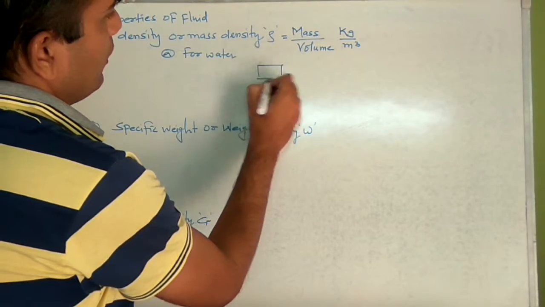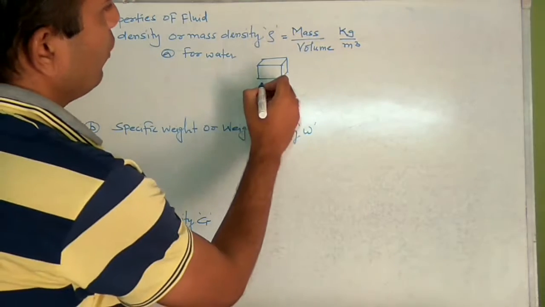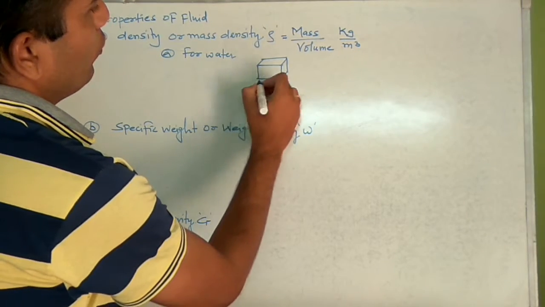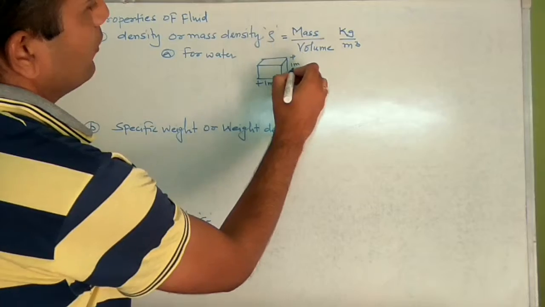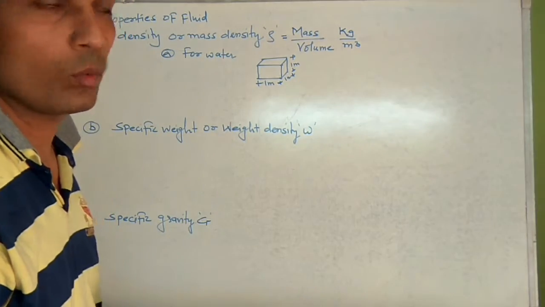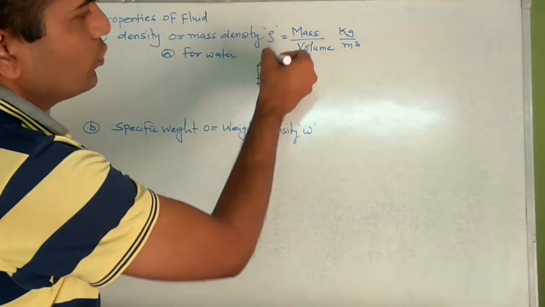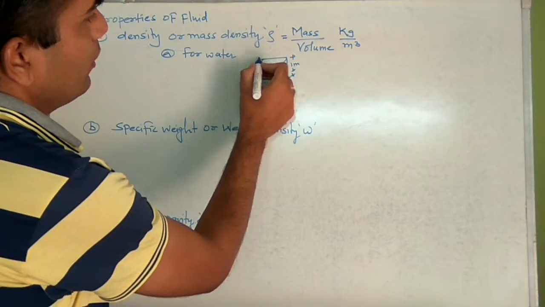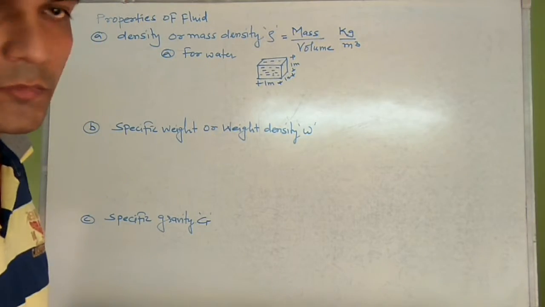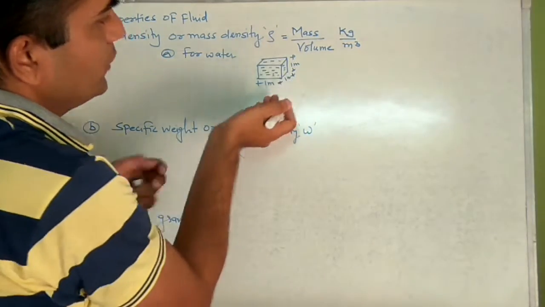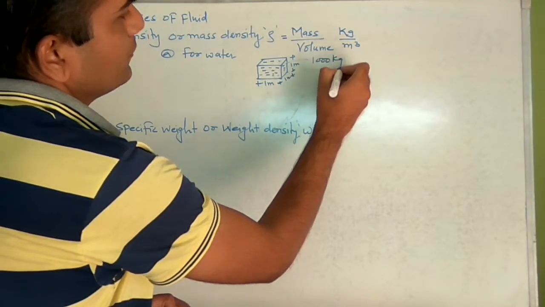If there is a box of dimension 1 meter by 1 meter by 1 meter, means the total volume of the box is 1 m cube, and in this 1 m cube volume of box, if we pour the water, if we take the weight of this box, it is approximately 1000 kg.